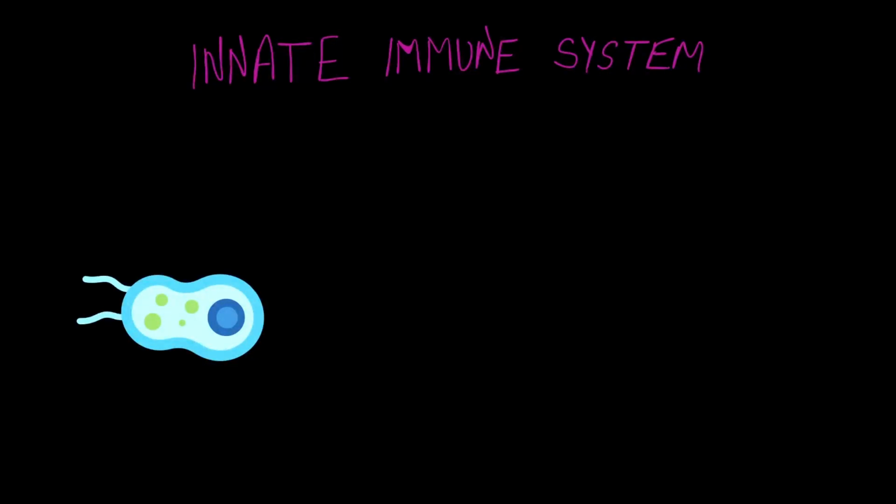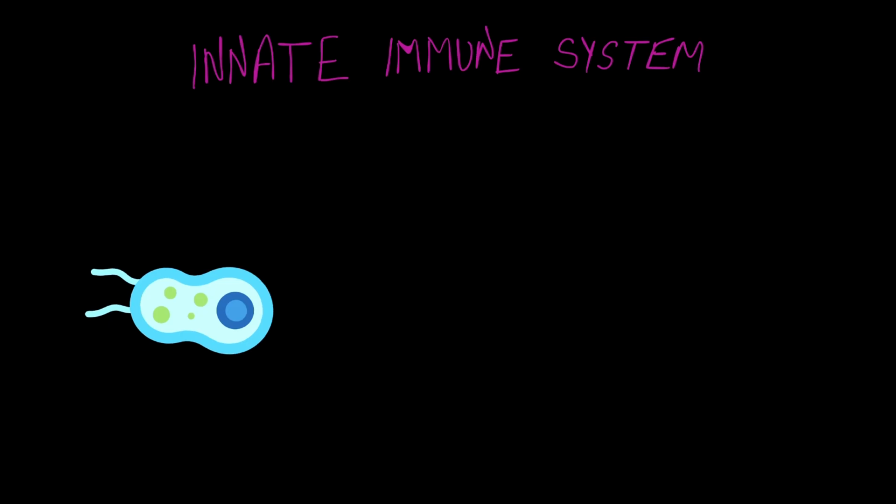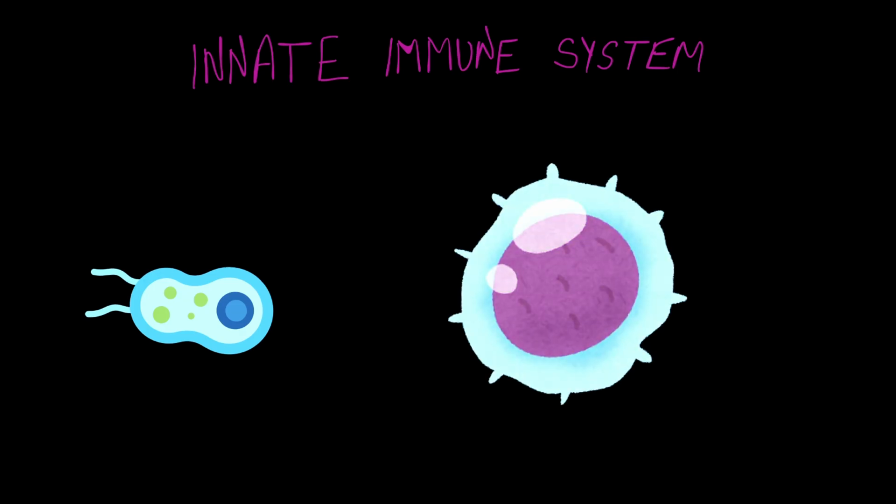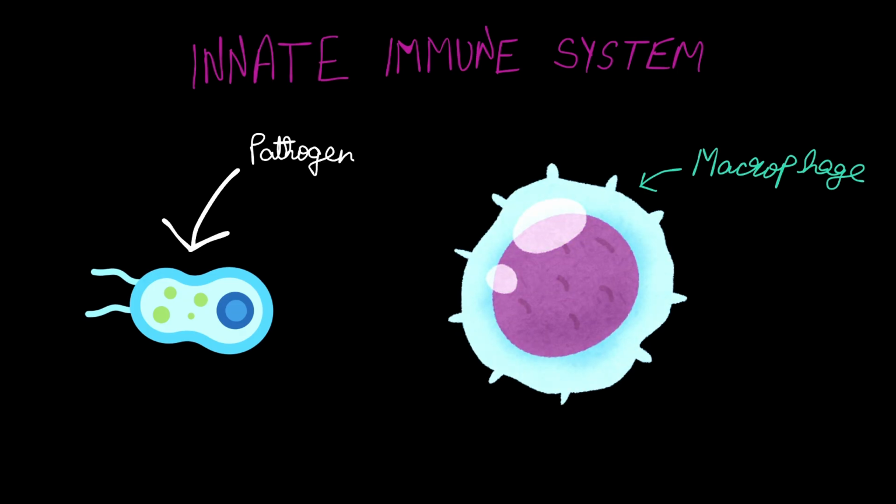So first, we'll see how the innate immune system provides immediate response to infection from any pathogen. When the innate immune system comes across any pathogen, macrophages identify pathogens through structures known as pathogen associated molecular patterns (PAMPs).